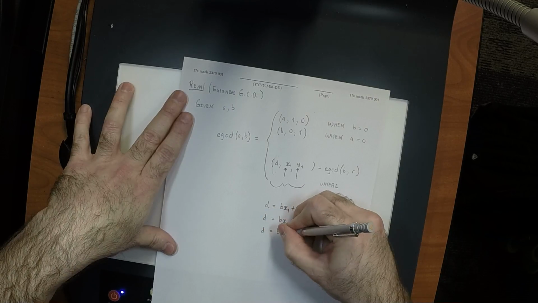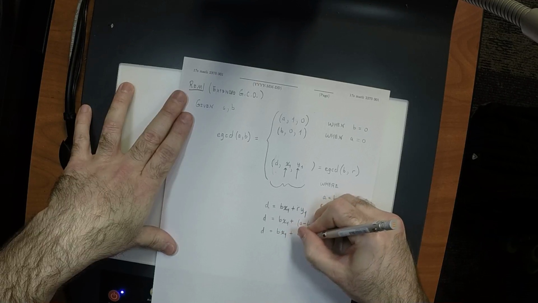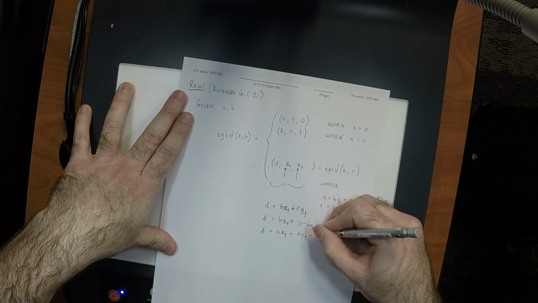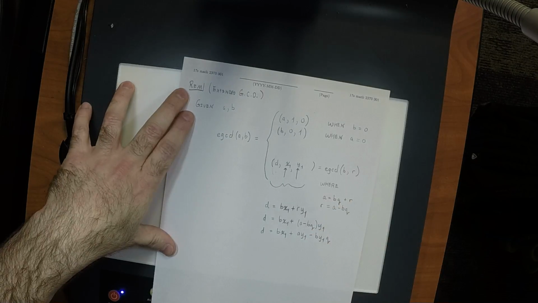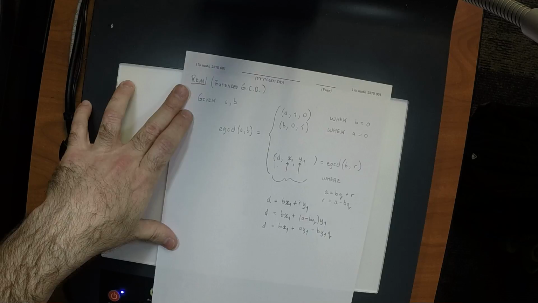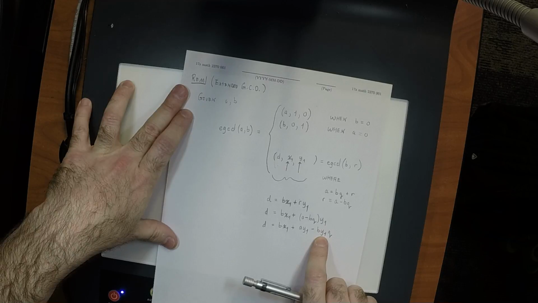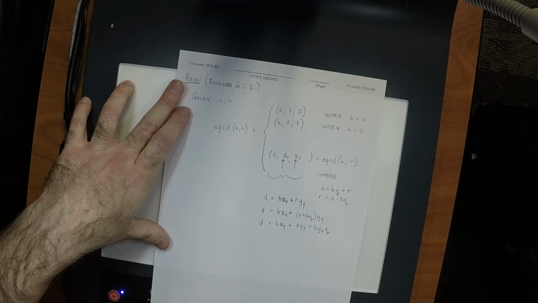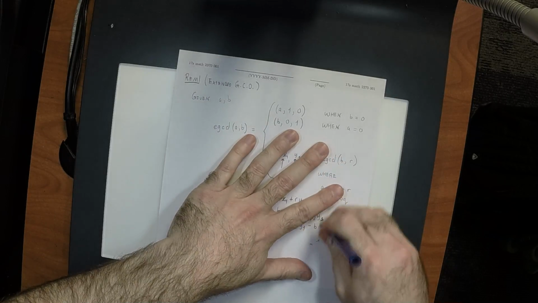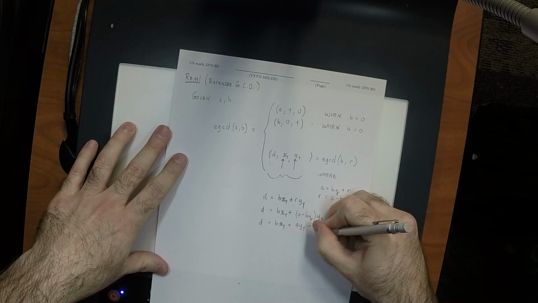So this would be BX1 plus AY1 minus BY1Q. Why in that order? Because I distributed it. I don't know, you could have done it in the other order. Let's do it. I write in graphite, it's never too late.